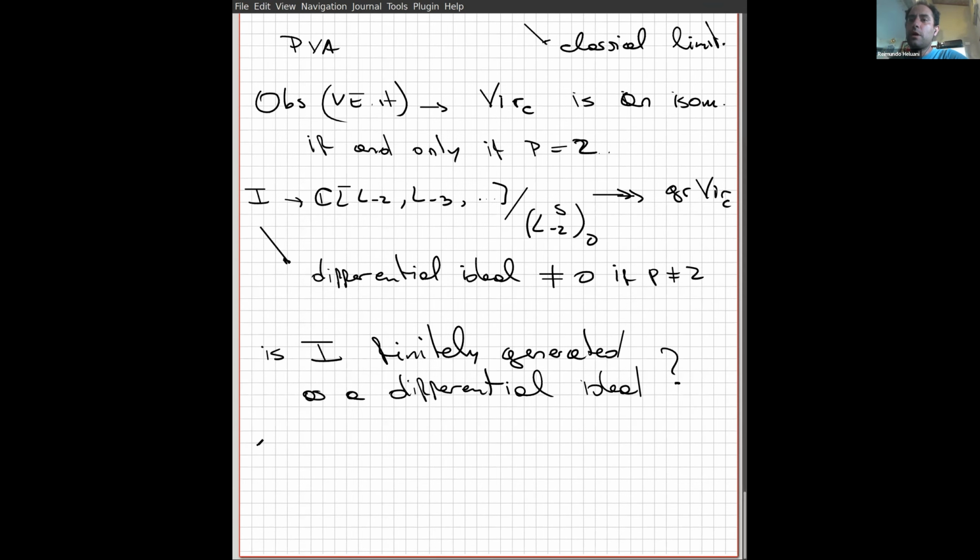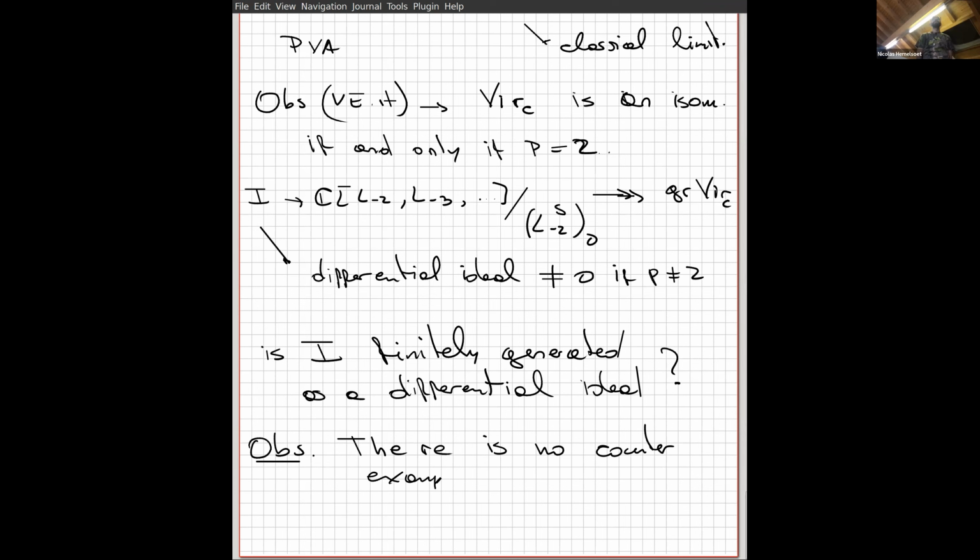And so an observation is that there is no counterexample which is not artificial. So not for this, but for an arbitrary vertex algebra.